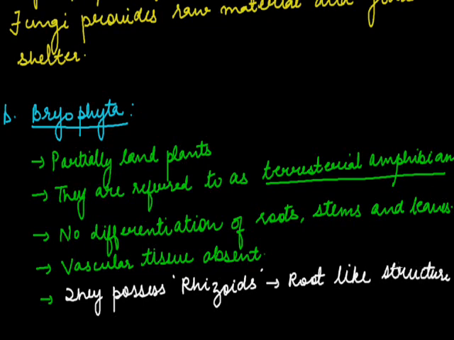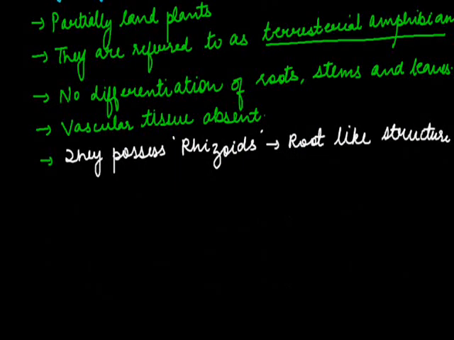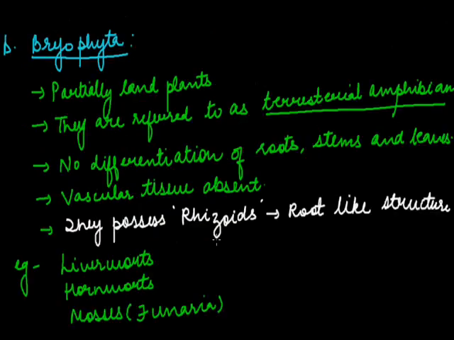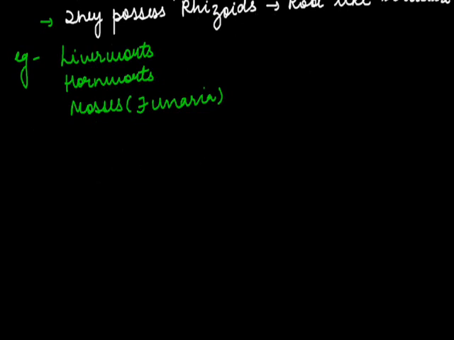The examples of bryophyta are liverworts, hornworts, mosses, also known as funaria. Now coming on to the last type of cryptogamous, that is the pteridophyta.